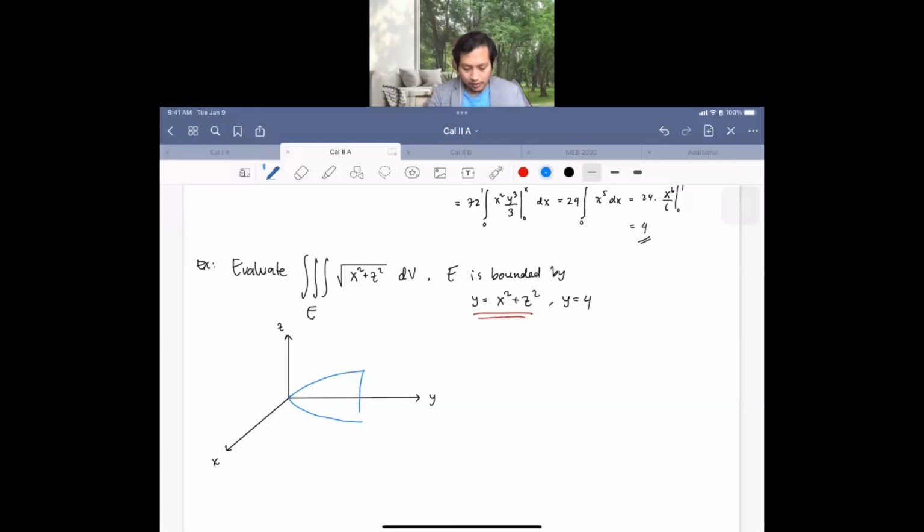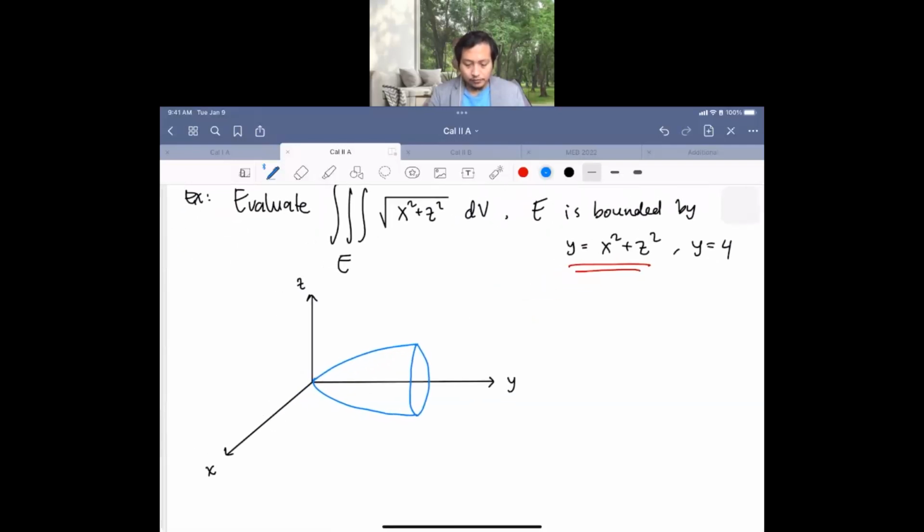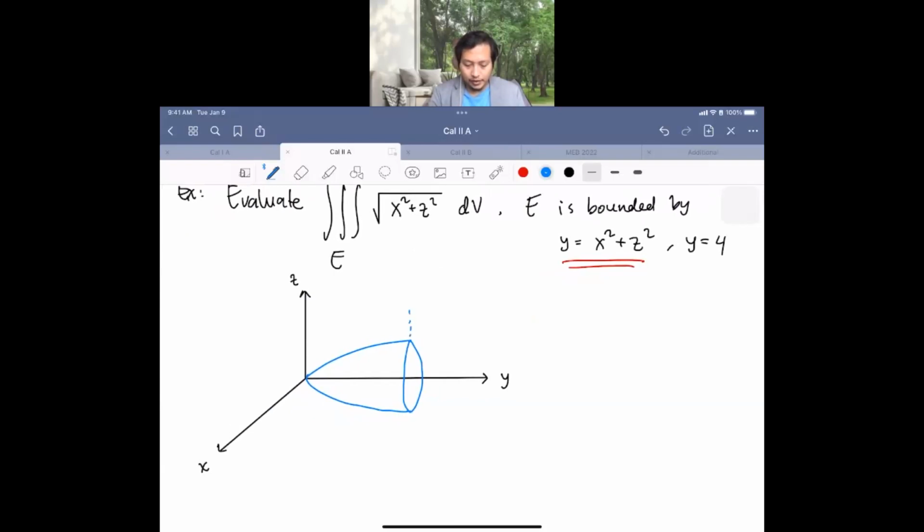And then we have this at y equal 4, right? And then we have our projection on the xz plane. That is from here, right? Oh, too big. Okay, that's our projection for the xz plane.